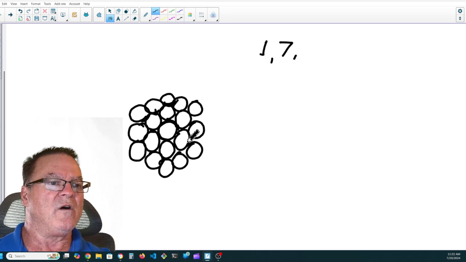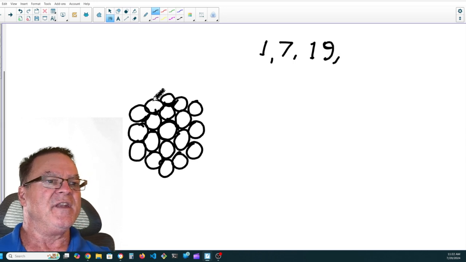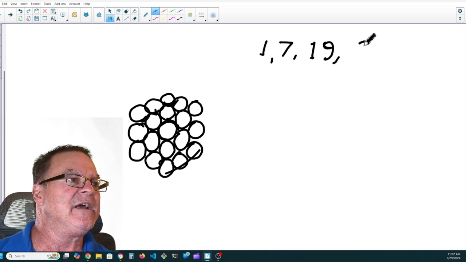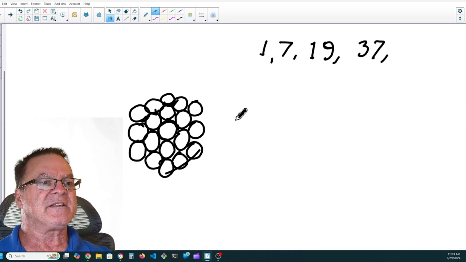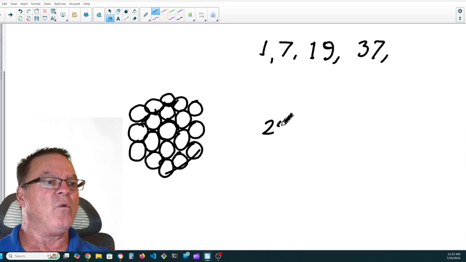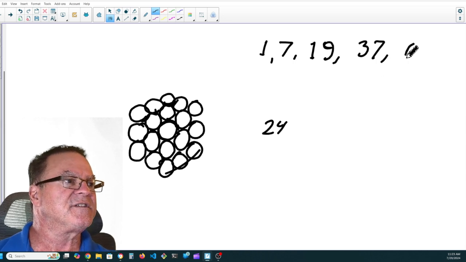I'll put 12 around those 7, which gives me 19. 7 plus 12 is 19. The next layer will have 18. 19 and 18 is 37. The next layer, I'll put 24. 37 and 24 is 61.